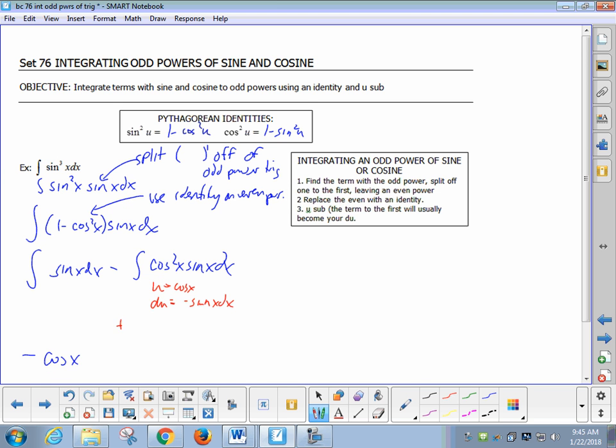It would then be positive, the integral of U squared du, the antiderivative of which would be 1/3 U cubed, and then I sub back for the U with cosine. So it becomes negative cosine plus, not minus, plus 1/3 cosine cubed.